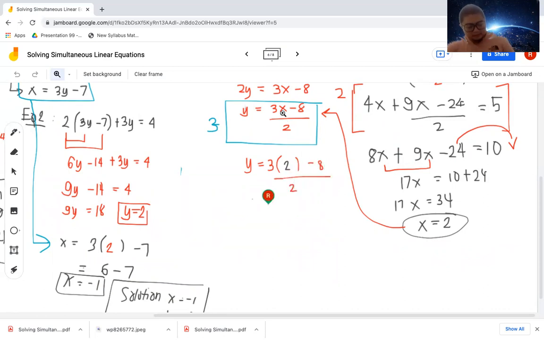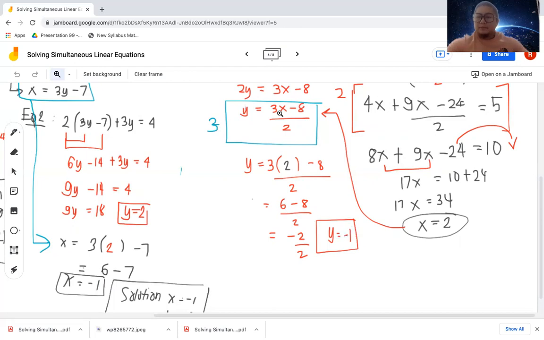Okay, so this is going to be a calculation of 6 minus 8 over 2, and you will now have negative 2 over 2. So this is going to give you an answer of negative 1. So y now is equivalent to negative 1.